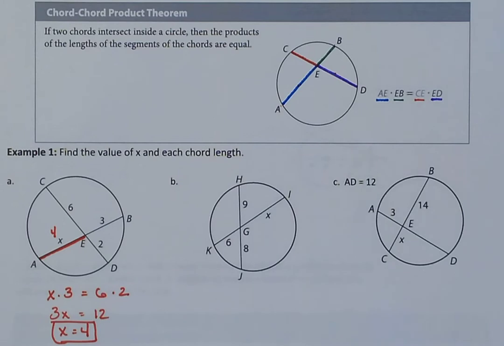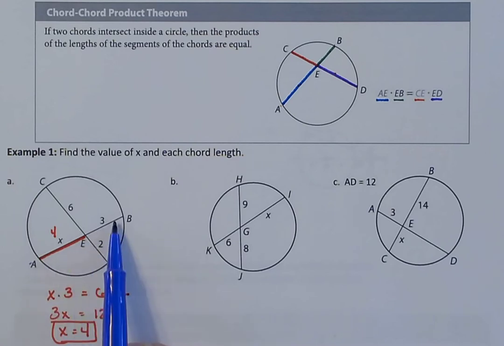And then the follow-up question wants us to find or tell what the different chord lengths are. So to figure out the chord lengths, you're just going to add the two segments from each chord. So if we look at the chord AB, that is this whole segment here. I know this part is 4 and this part is 3.